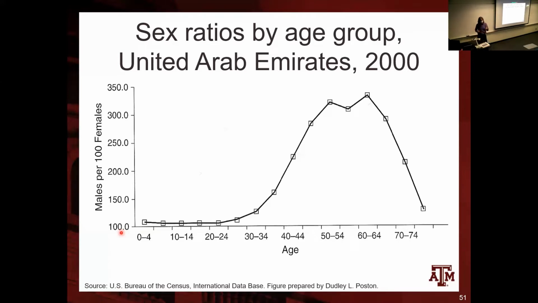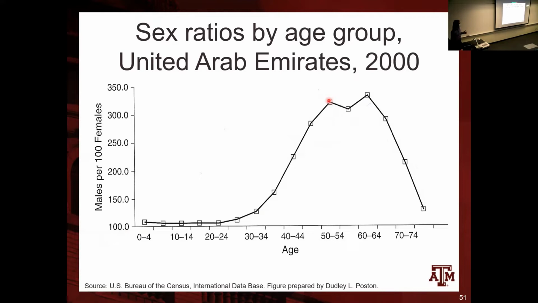But the pattern is the opposite: it starts to increase a lot in labor ages, and then after retirement ages it declines a lot. So here you still have more men than women, but not as much as in the labor ages.